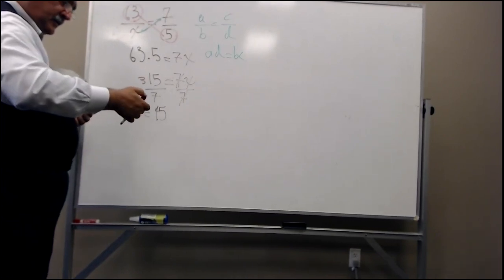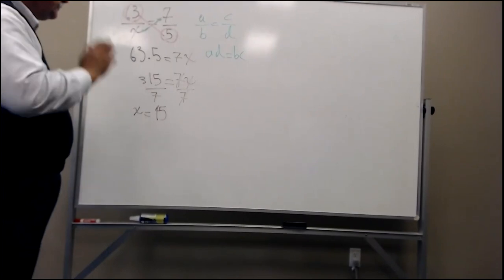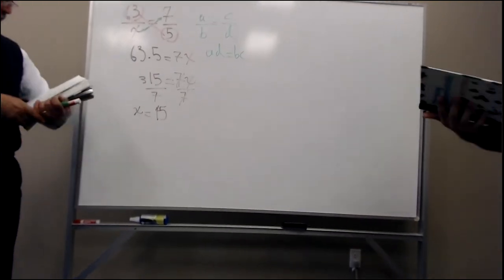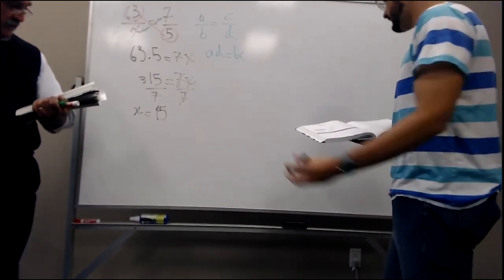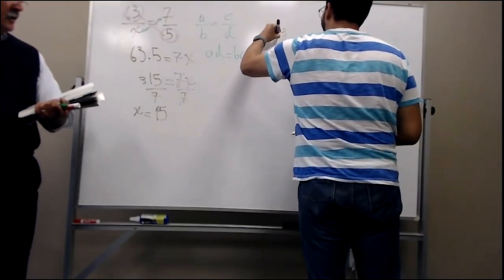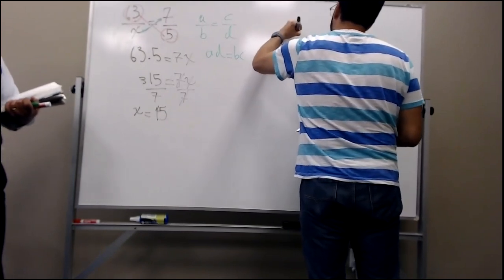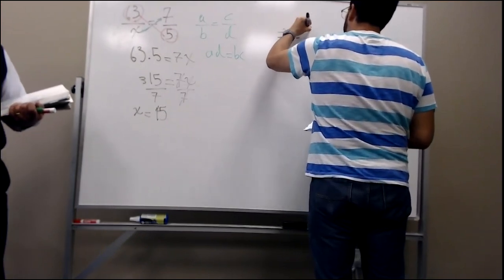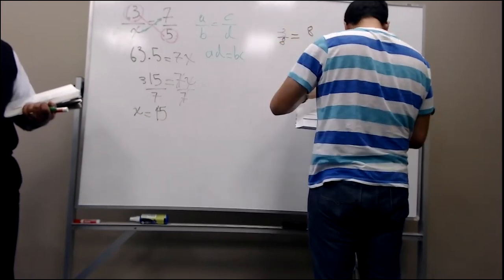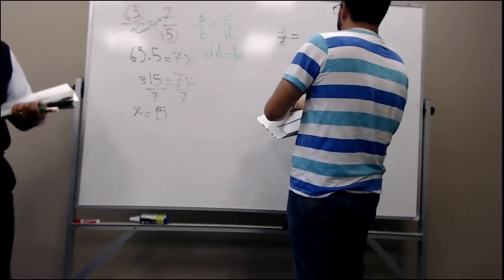Here we go. Let's do 64, on page 329. It is minus 3 over 8 equal to 6 over x.